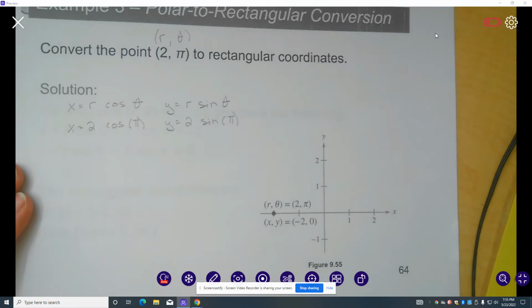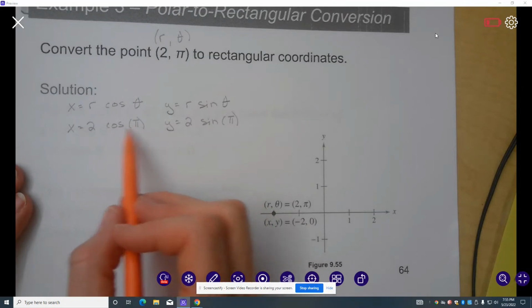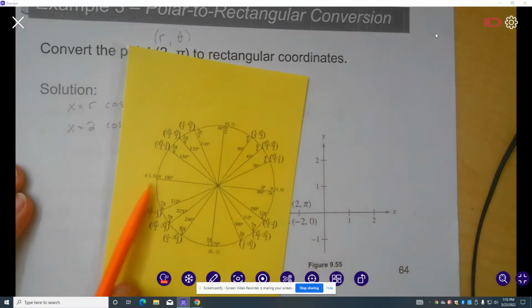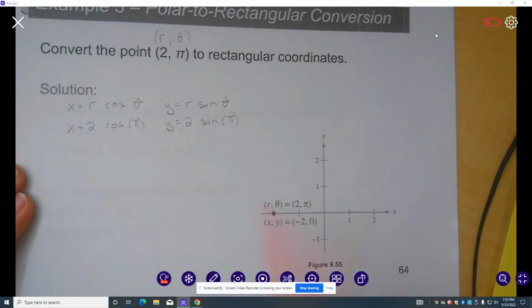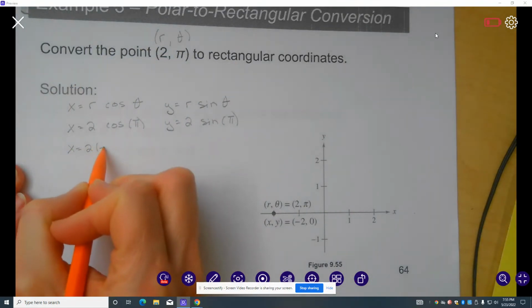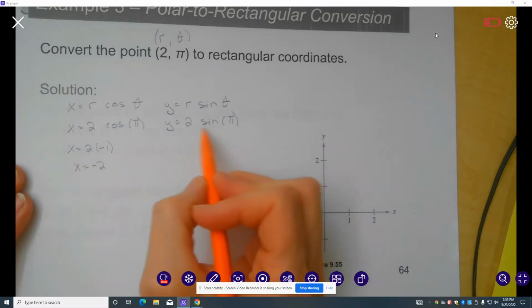Now you need to remember your unit circle stuff because these questions on the quiz will be non-calculator. So the cosine of pi is, over here on the unit circle. Where's my unit circle? Right here. So cosine is -1, sine is 0. So x would be equal to 2 times the cosine of pi, which is -1. So x is -2.